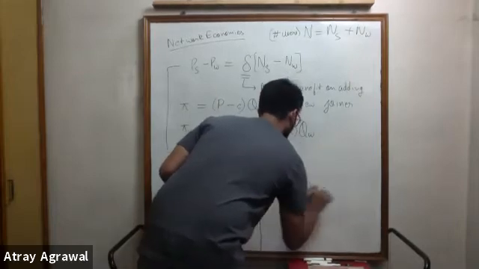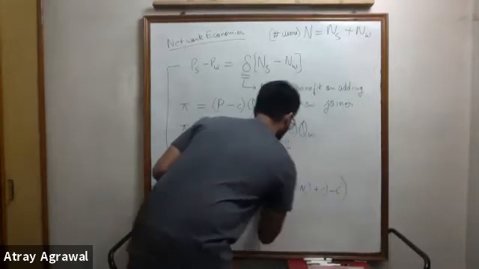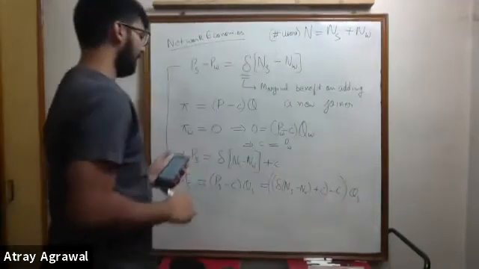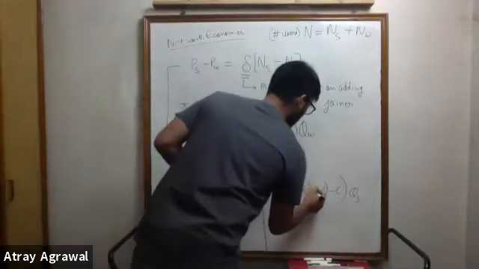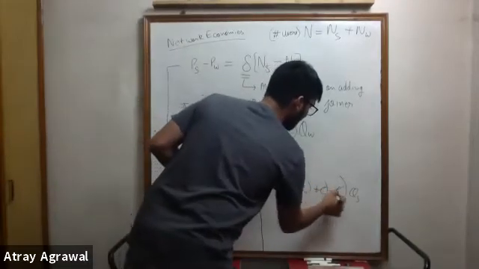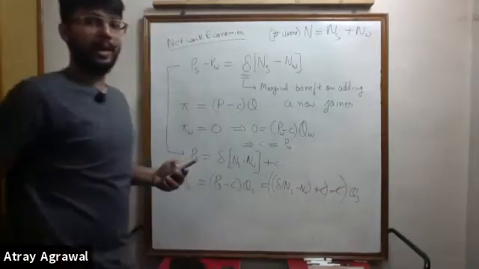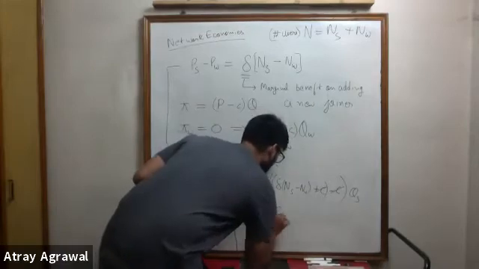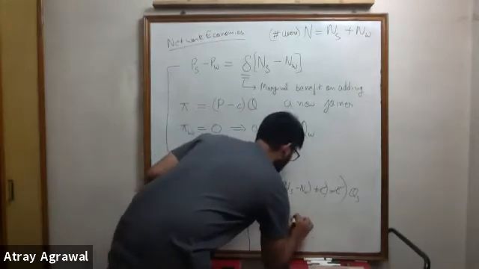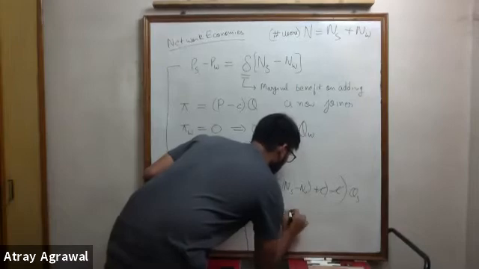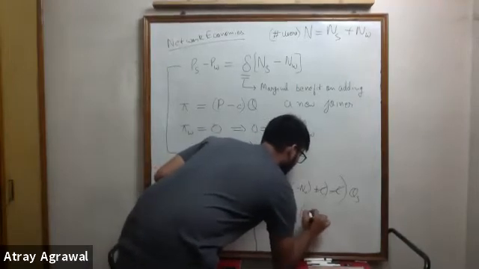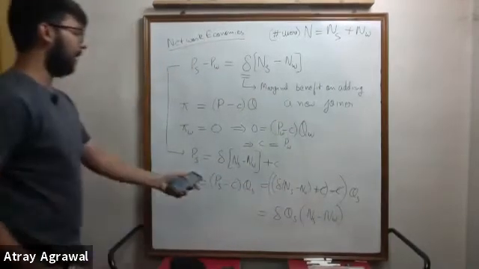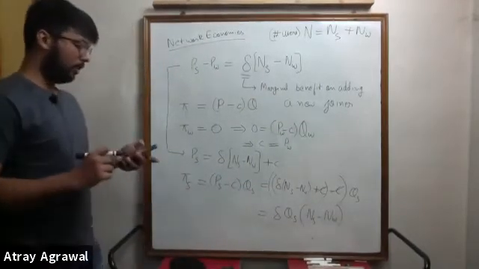I use the brackets very generously so that you do not get confused about what gets cancelled where. When I open the first bracket, this will get cancelled by this, and that's why the use of brackets is extremely important here. And so the final value that we get, which is the profit, is delta into QS into NS minus NW. Right? This is my final profit for the stronger company.